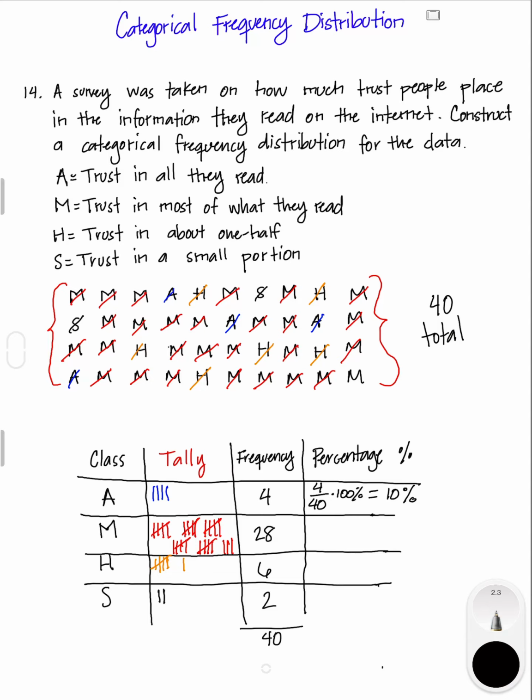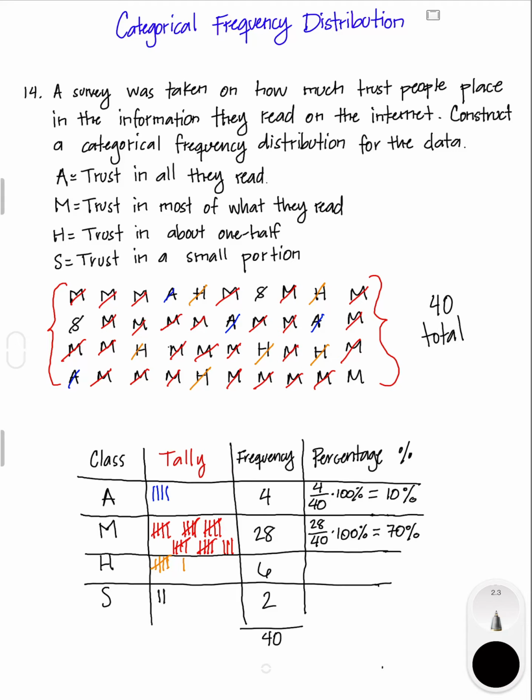For the next one, we will have 28 over 40 times 100%. So 28 divided by 40 is 0.7 times 100%, that'll be 70%. So 70% of the sample population said that they trust in most of what they read on the internet.